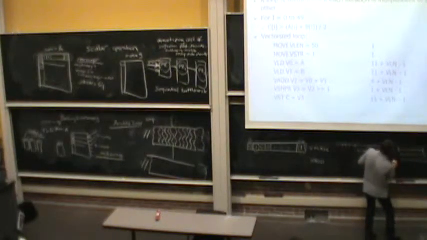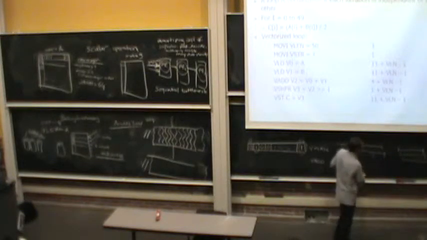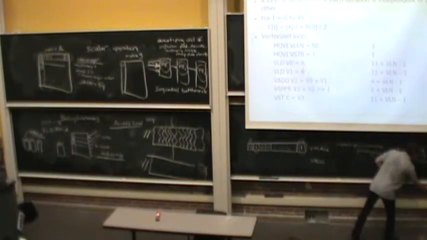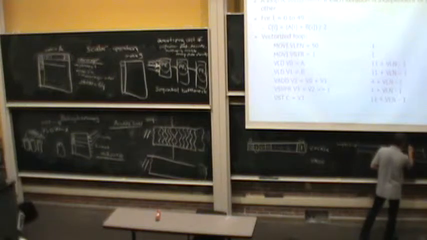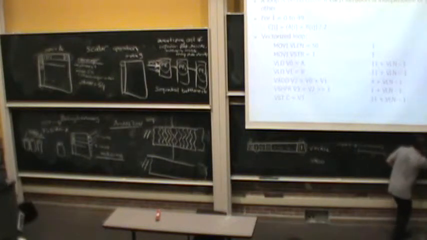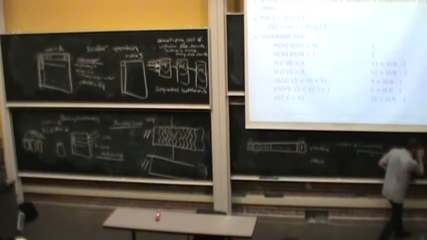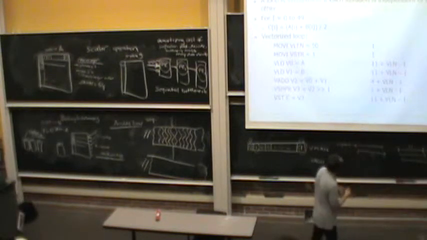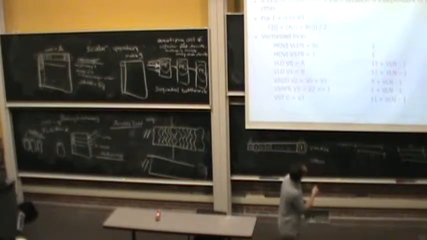Essentially, you have vector length number of accesses, and the first one takes 11. You finish the first access at the end of the 11th cycle, and after 49 more cycles, you finish all of the other accesses. So that's how you can compute this.